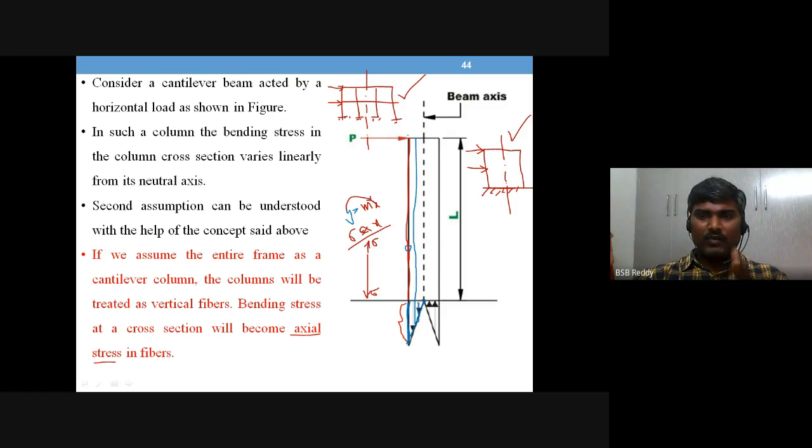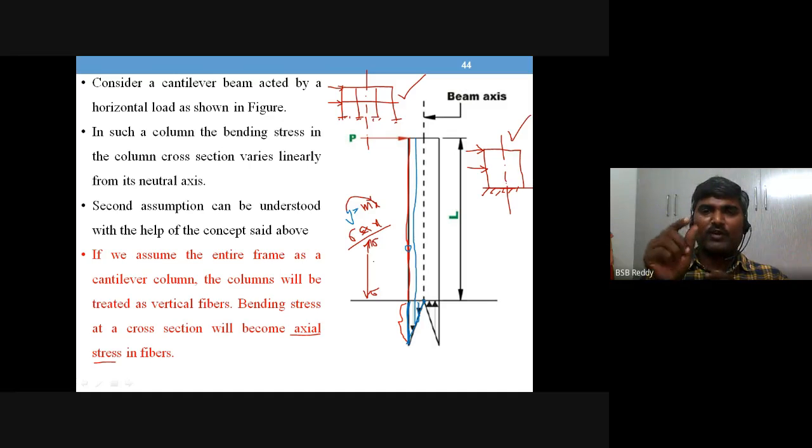If you take one slice of that cantilever, an infinitely small piece, that will become axial stress, because it is acting along the axis of that column slice.